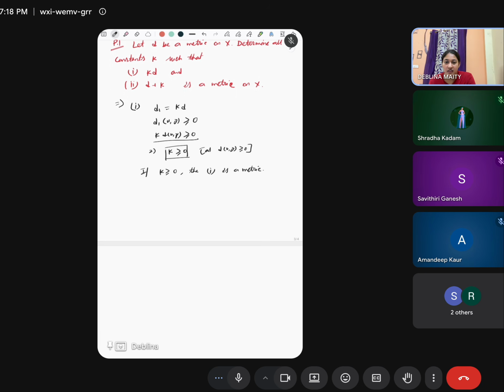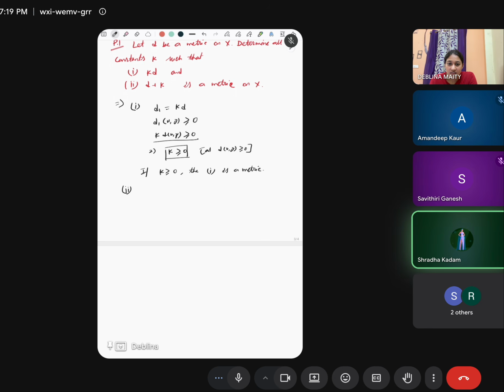And what about the second one? Please try, everyone. So when is d plus k a metric? Shraddha? Yes, ma'am. Can you answer this one? k equals 0. Yes, you are right.